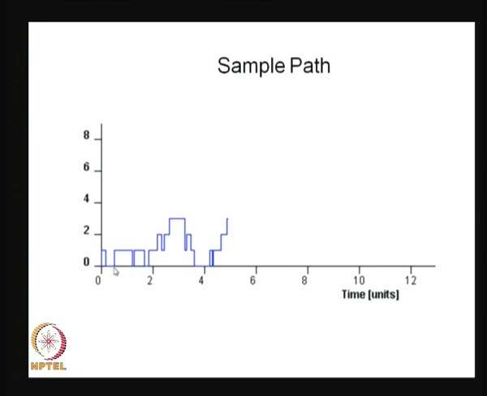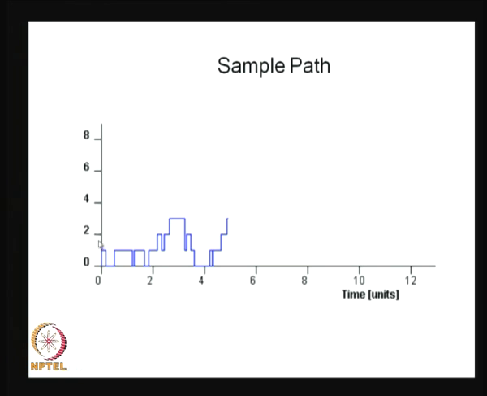This is the time point the second customer enters, and this is the time point at which the third customer enters. Therefore, the inter-arrival time is from this point to this point and so on.